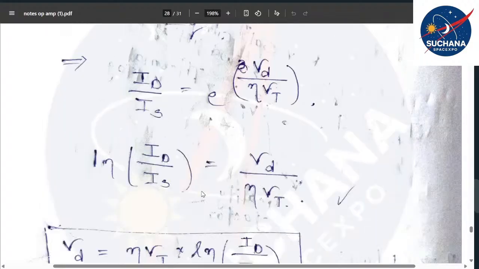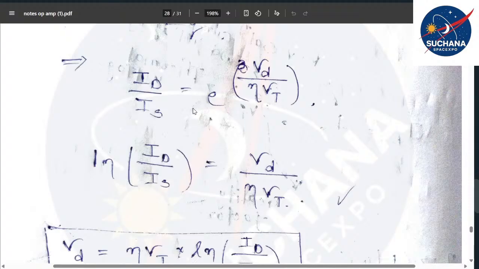Okay, so now we are applying the natural logarithm on both sides. Then the natural logarithm of ID by Is is equal to ln of e to the power of Vd by neta into Vt. You already know that for the natural logarithm the base is e, not 10.